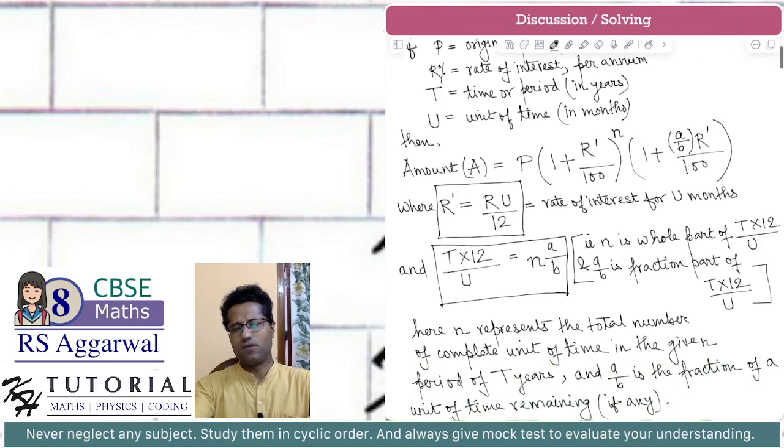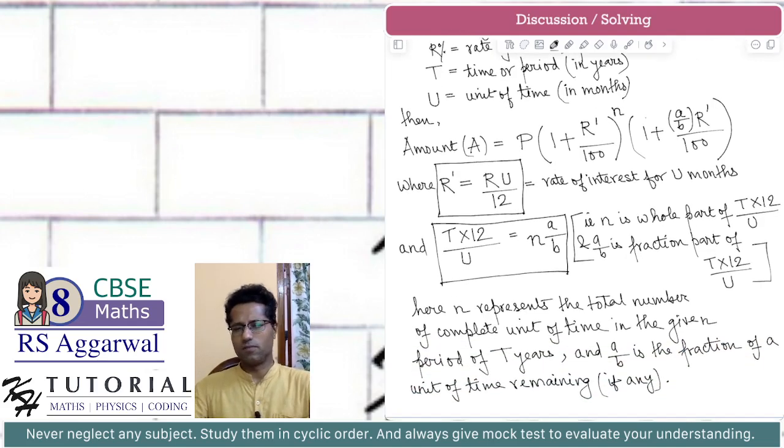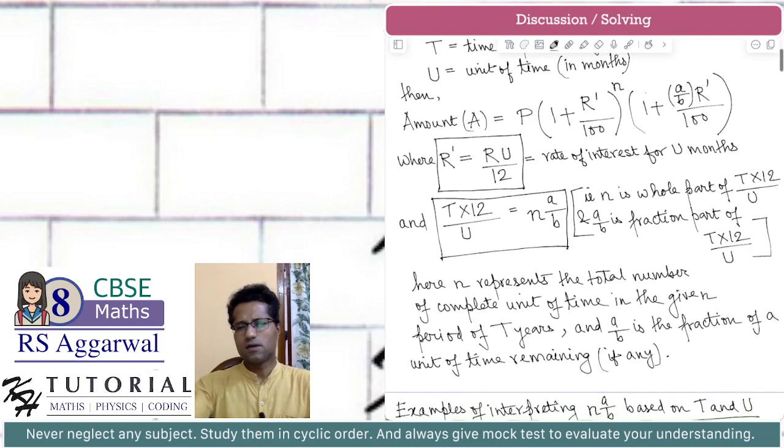Now what does it actually mean in the calculation of compound interest? What does the mixed fraction n and a by b mean? Since n is a whole part, a natural number, n represents the total number of complete units of time in the given period of t years. In the given period of t years, how many complete units of time occur? That is n. And a by b is the fraction of a unit of time remaining.